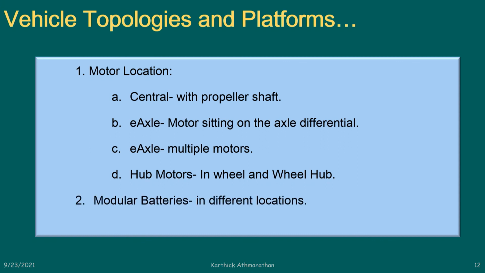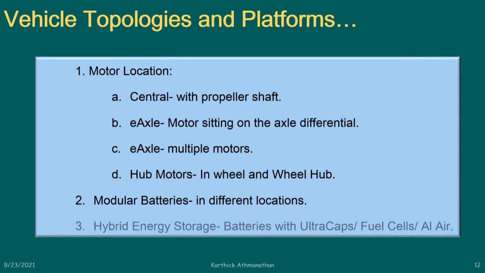Modular batteries, I told you about them being in different locations, and of late there are quite a few commercial vehicles which are coming with hybrid energy storage solutions. So some of them have ultra capacitors, some of them have fuel cells, but you can combine the battery and the ultra capacitor to balance the high power density and high energy density requirements.